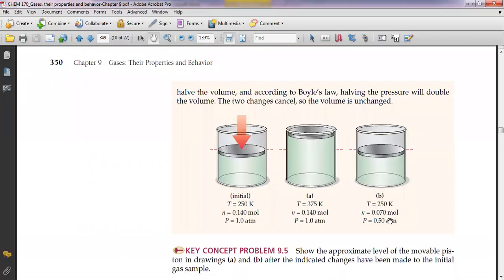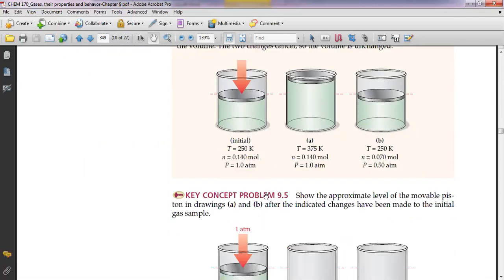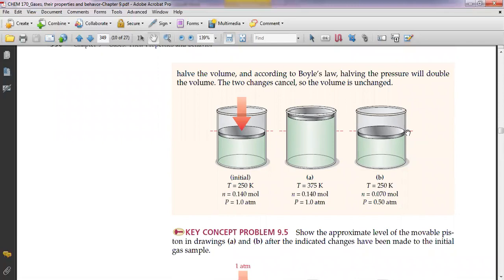So there is no net change in condition B with these applied parameters. This is represented over here: the volume is going to increase by a factor of 1.5 in A, and there is no change in the piston in B, because there is no net change in the volume according to the Avogadro law and Boyle's law.